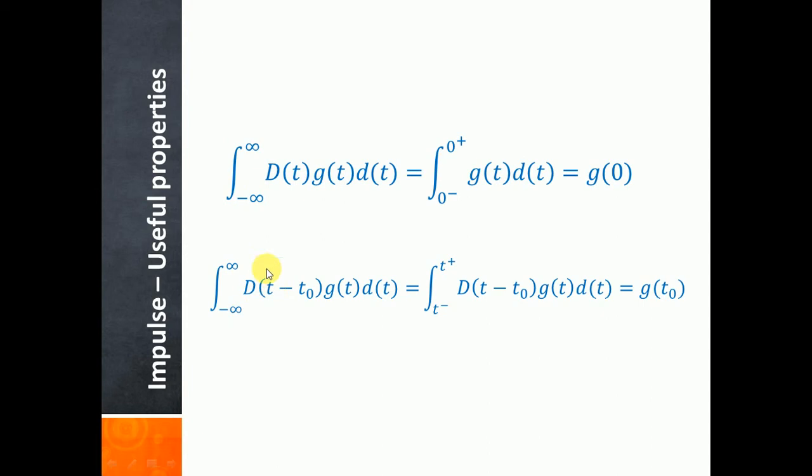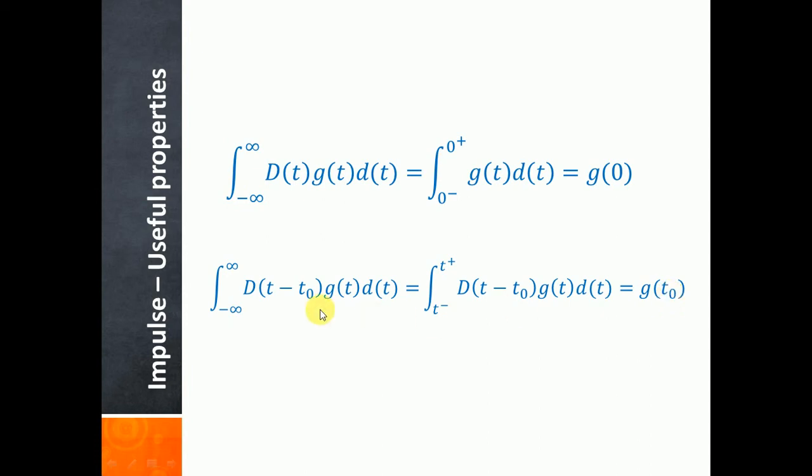The same impulse shifted in the time domain by t naught, multiplied with g(t), gives g(t naught). In other words, you capture the amplitude of the signal at instant t naught.